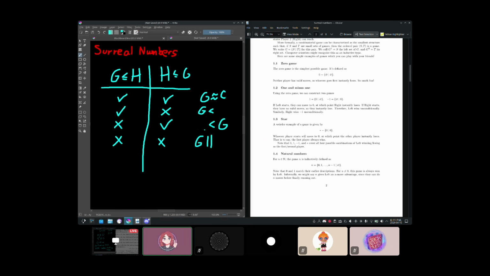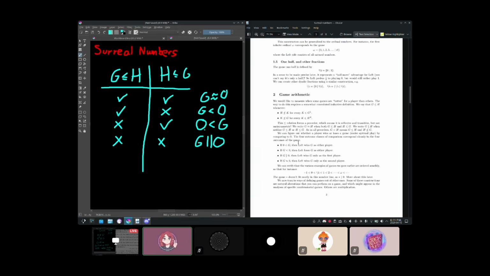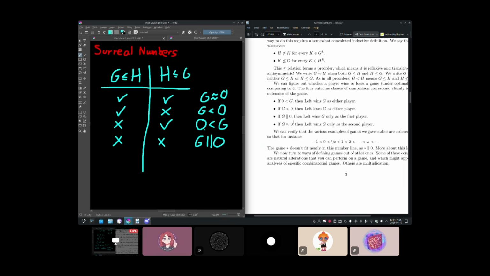So if we compare things to 0, something really nice happens. The idea is that a game is going to be order equivalent to 0 whenever... damn it, I don't have enough space here, but you can kind of read the document, I think.